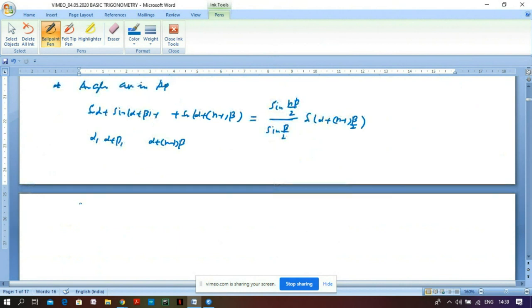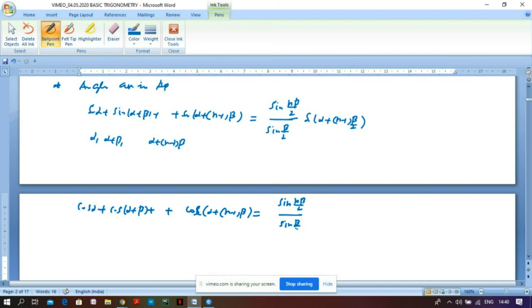And if you have the same series in cosine terms, that is cos of alpha plus cos of alpha plus beta, up to cos of alpha plus n minus 1 beta, then sine n beta over 2 over sine beta over 2 remains the same, and sine gets replaced with cosine, that is cos of alpha plus n minus 1 beta over 2.